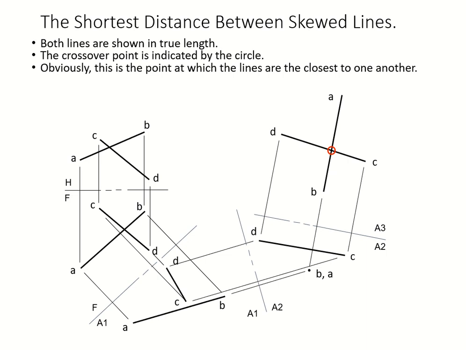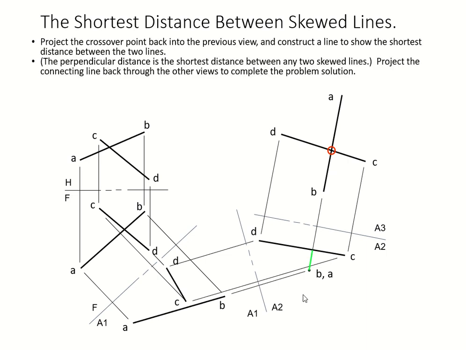So let's see. So we have to find the shortest distance. So we're gonna project, all right, a crossover point, which is this guy. And of course, we're drawing a little green line every time we draw a projector from the crossover, yeah? So this is our third crossover, and we're gonna draw the projector line coming out.